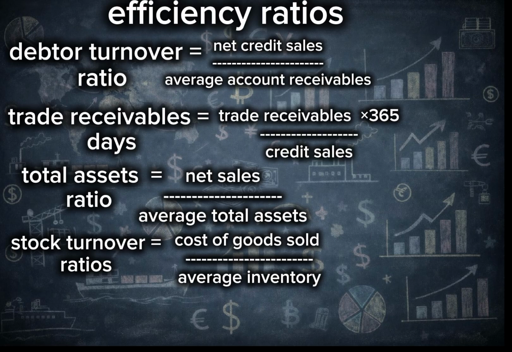And we know what average is again: opening stock plus closing stock divided by 2. And cost of goods sold is likely to be given to you in your income statement. And we want our stock turnover ratio to be high, don't we? Because we want to be able to sell and restock as fast as possible.